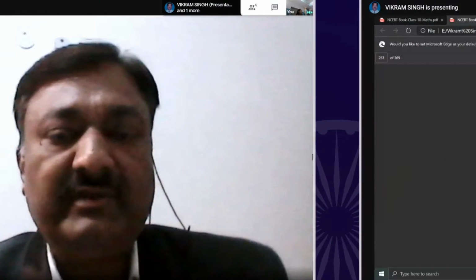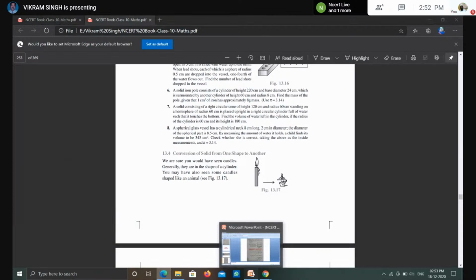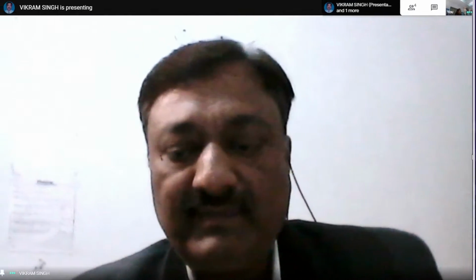So we have to calculate the volume before conversion and after conversion. Before conversion, the volume will equal the volume after conversion. We are going to take this assumption for the next exercise, which will be followed by the expert in the next session. So it is all about today's topic, surface area and volume.